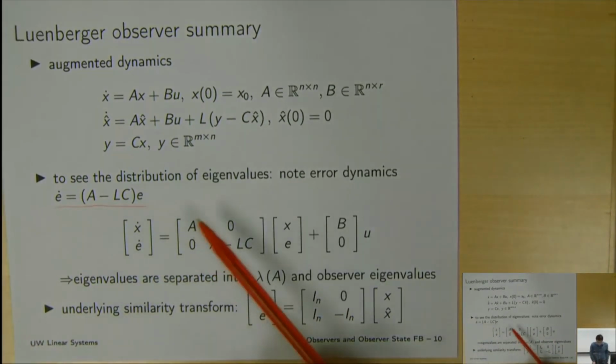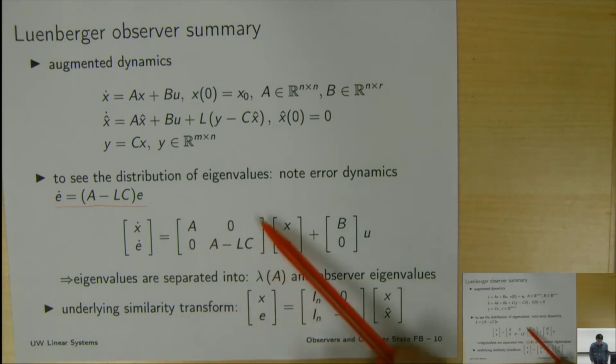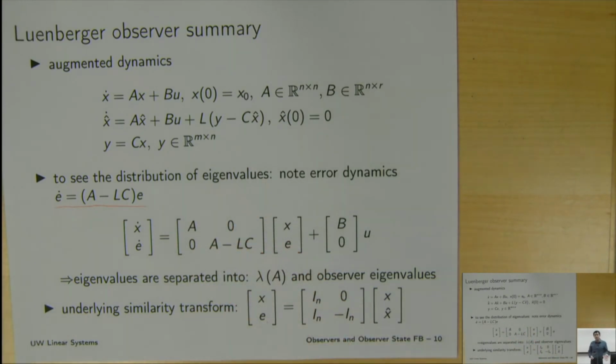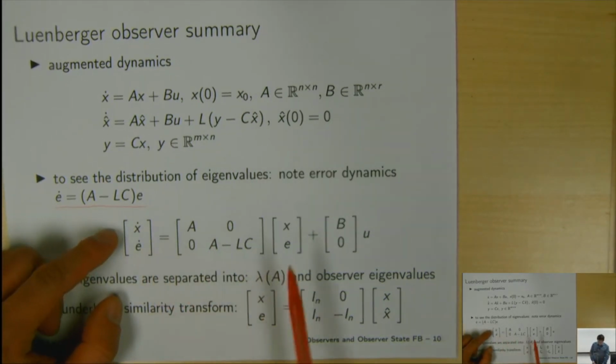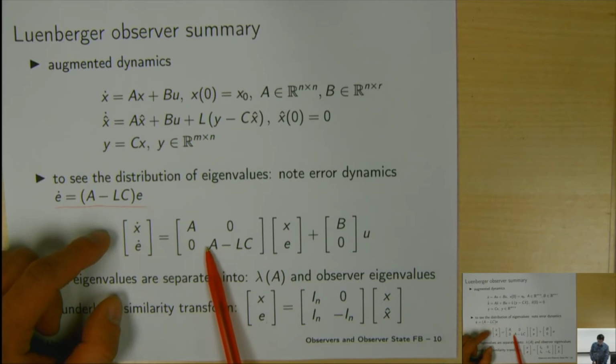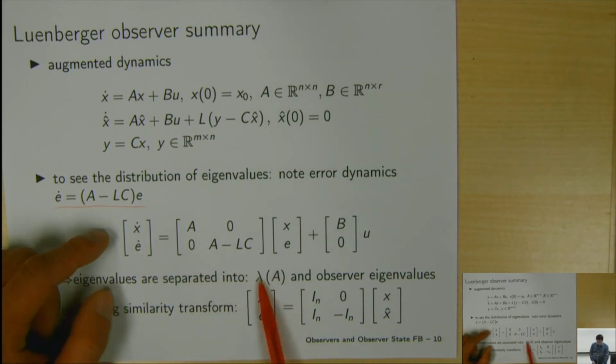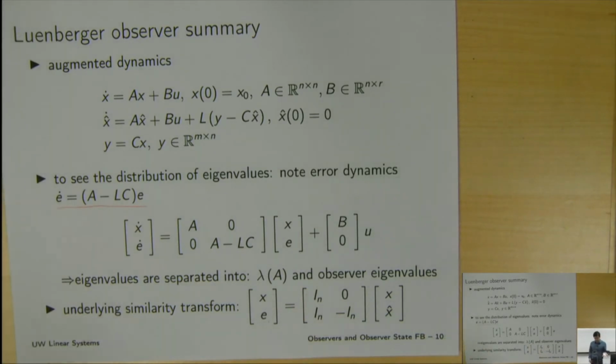From this overall A matrix, we can see clearly how the eigenvalues are distributed. Part of the eigenvalue of the overall system comes from the eigenvalue of A, which is whatever the system dynamics give us.